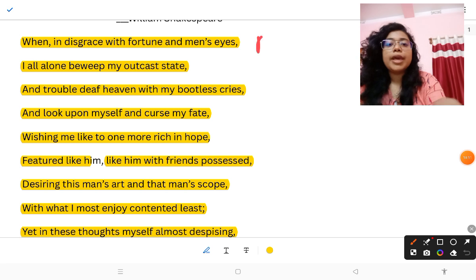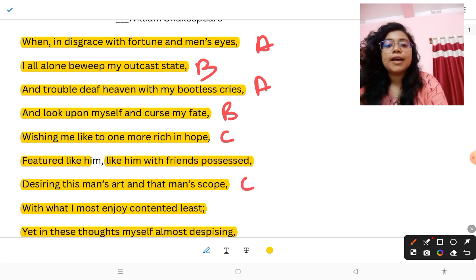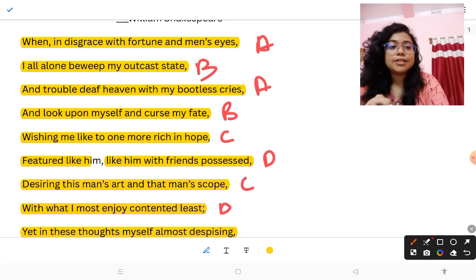Okay, so A B: eyes, cries, state, fate, right? Then C D C D: hope, scope, possessed, least. Here possessed and least do not match, but still you have to use the same rhyme pattern.